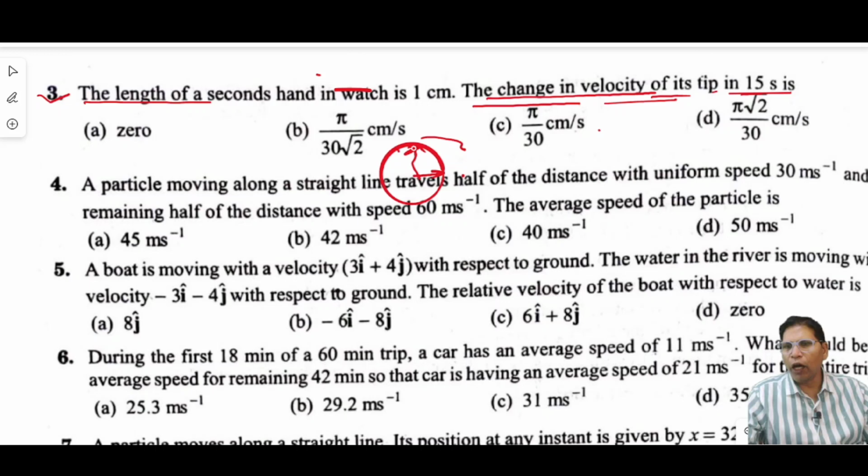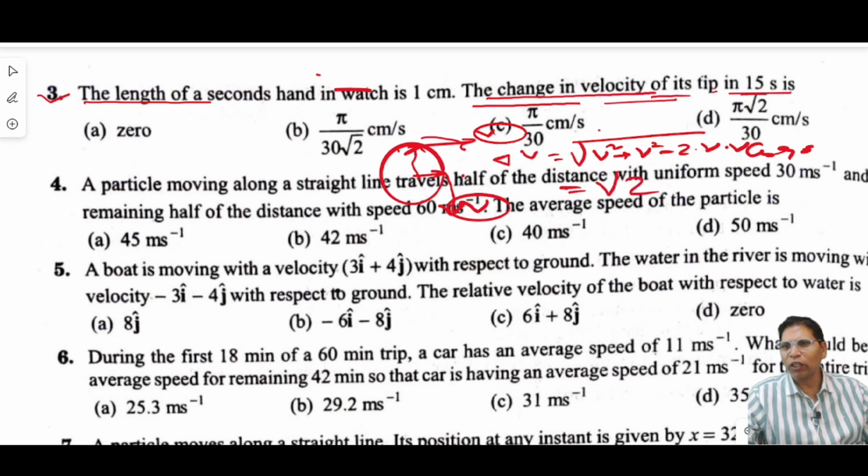Here the velocity is along this direction, and here along this direction. So the change of velocity, delta v, equals the root of v squared plus v squared minus 2v into v cos 90 degrees, because the angle between this velocity and this velocity is 90 degrees. So this is root 2 into v, no problem.